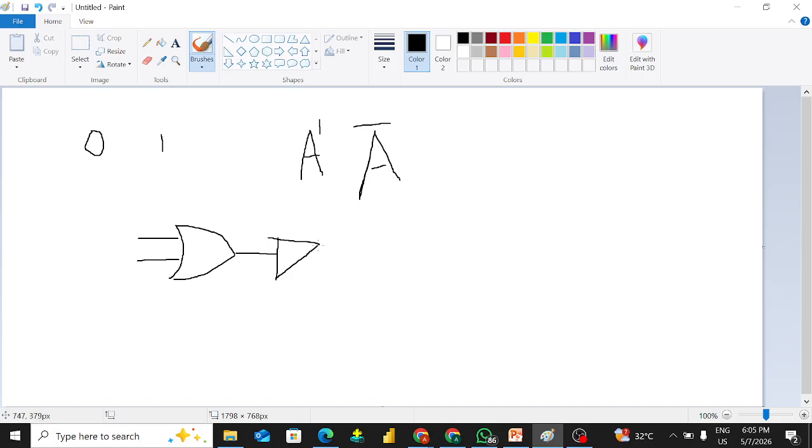Like, look, if you imagine, this is what a NOR gate looks like, and if you replace this with an AND gate you will get a NAND gate. Here, what is going to happen?